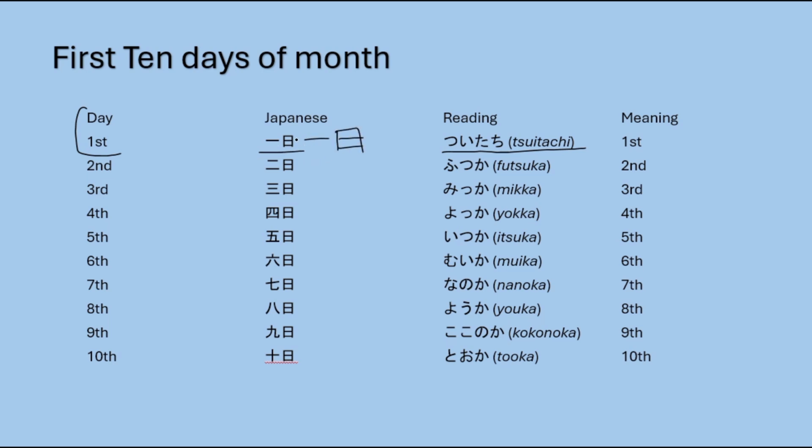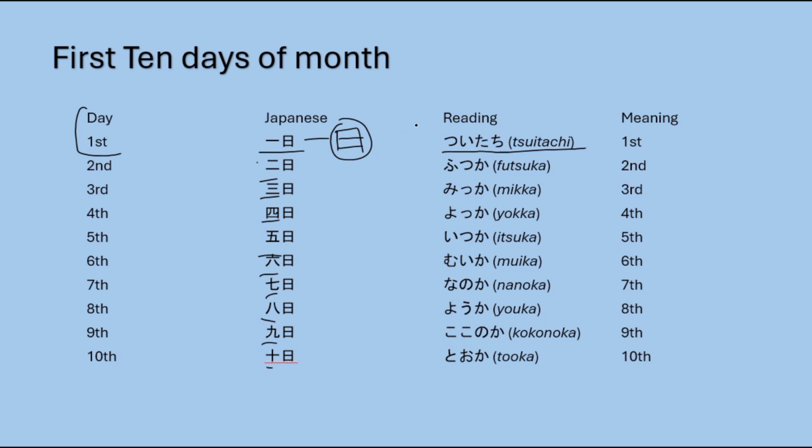As you can see, the last character of all the words from first to 10th days is the same in kanji. And these are almost the same as we use in hundreds, except for two or three words.